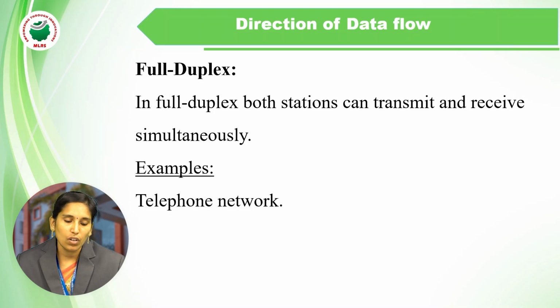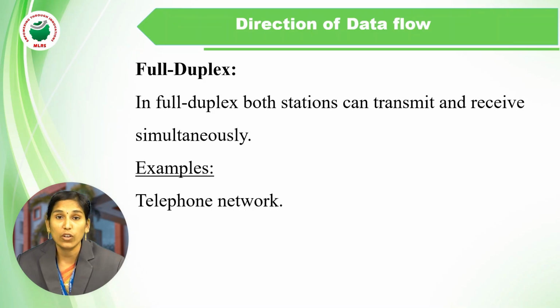Next one, full duplex mode. In full duplex mode, we can transmit the data in both directions simultaneously, at a time. That means simultaneously in both directions. For example, telephone network.